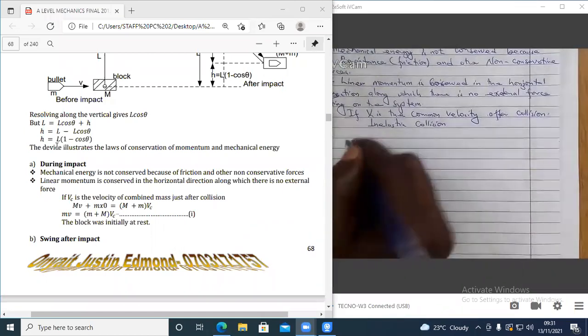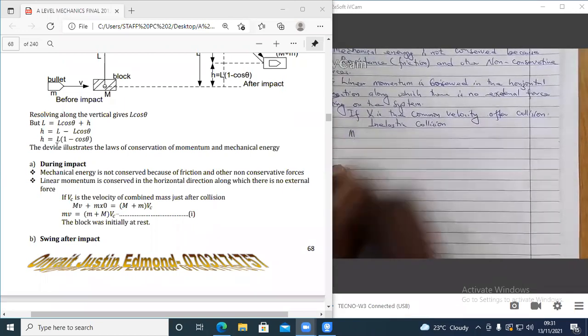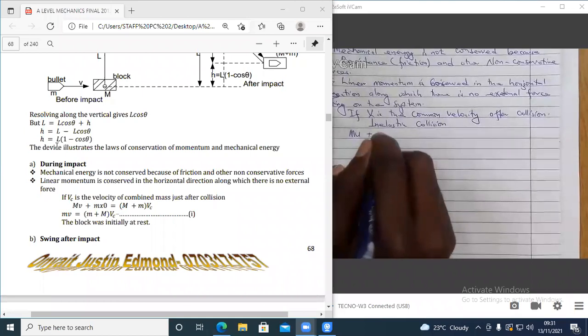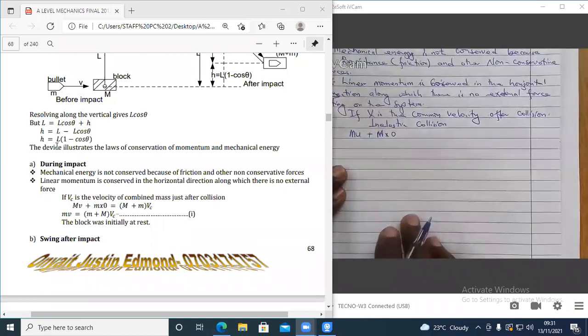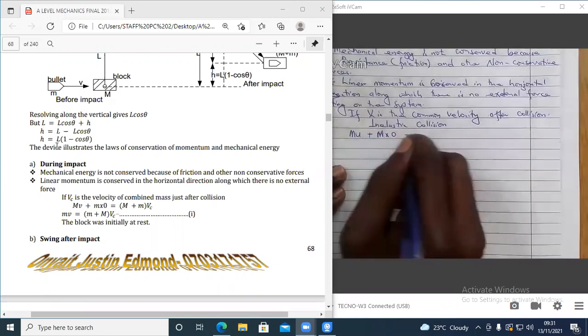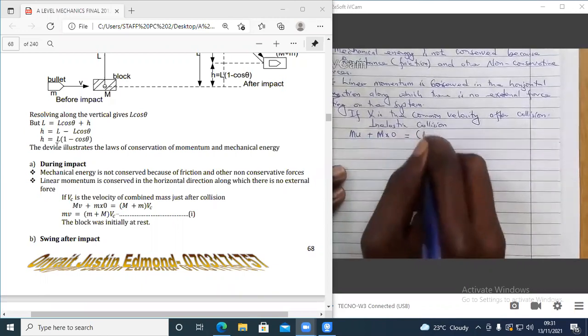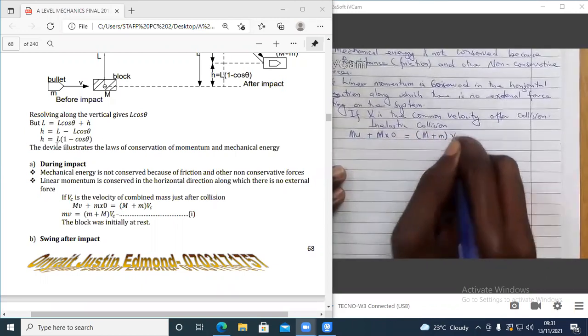So which means we shall have mass m times u plus, remember, the block is at rest, so the initial velocity there will be 0, equals M plus small m times the common velocity v.